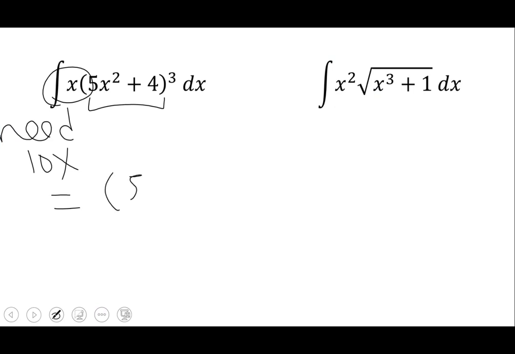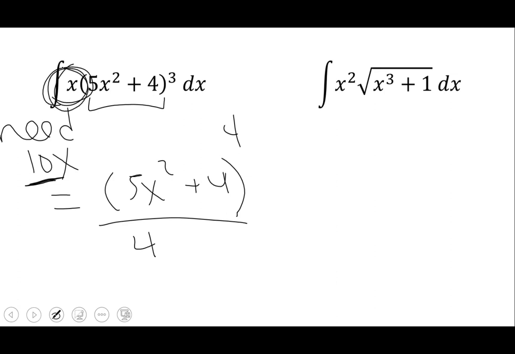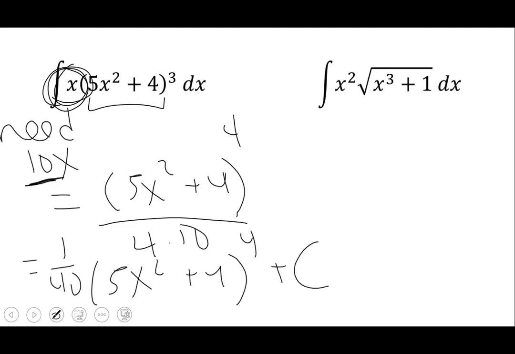So you're going to take 5x squared plus 4, raise it to the 1 higher power, divided by that power, and then because of the fact that you needed a 10x but only had a regular x, you have to add a 10 into the denominator. Simplify will give you an answer of 1/40, (5x squared plus 4) to the 4th plus c.